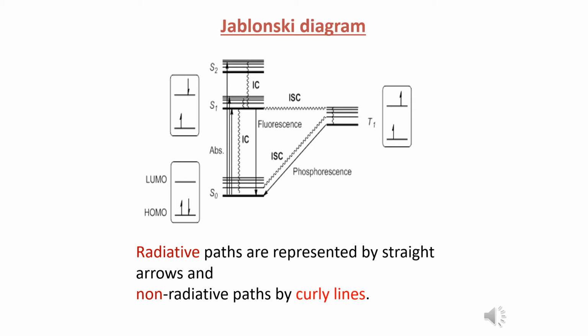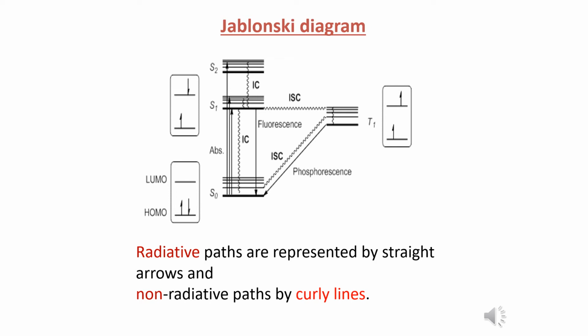So the total spin angular momentum is half plus minus half, equal to 0. The formula for spin multiplicity is 2s plus 1, so 2 into 0 plus 1 equals 1. So on the left hand side, the ground state and all excited states are singlet, as clearly shown in the diagram.